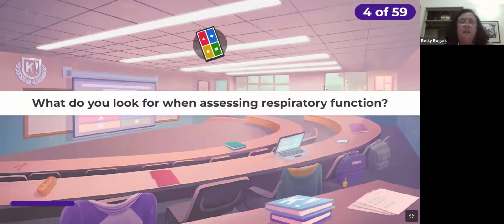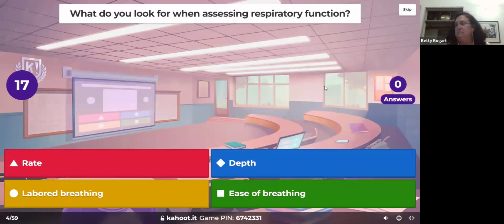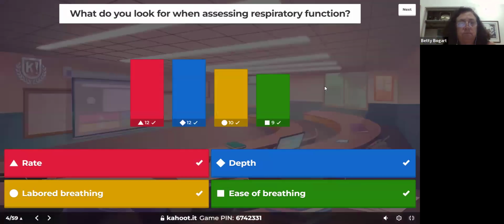What do you look for when assessing respiratory function? We're going to look at a little bit of everything.